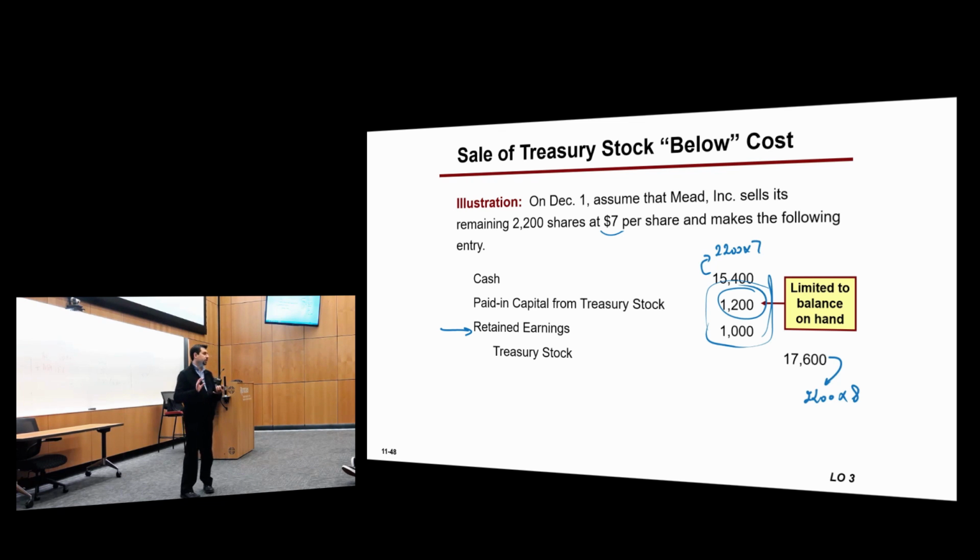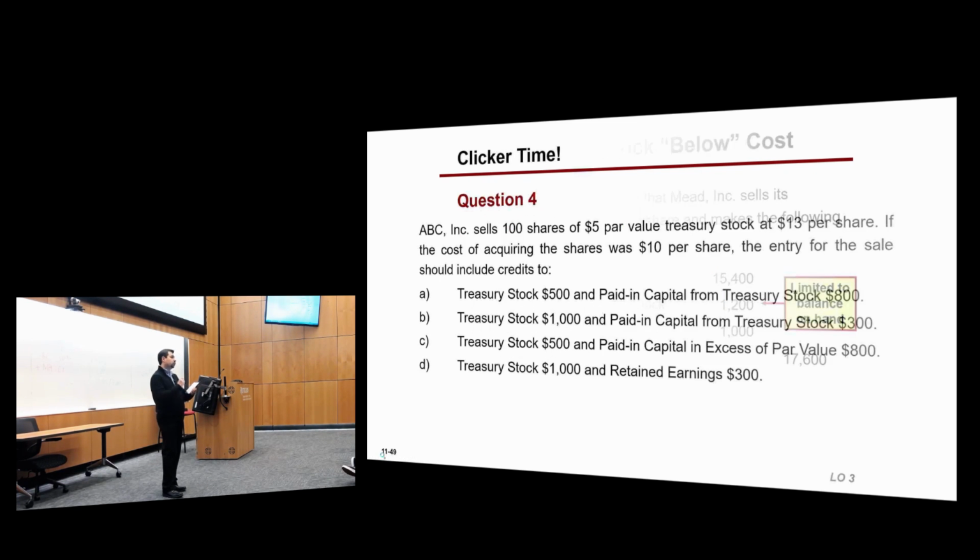Do you understand this point here? But you cannot have a negative balance in paid-in capital. Instead, what do you do? When you need additional money to cover the difference between the cost and the sales price of treasury stock, you use retained earnings.